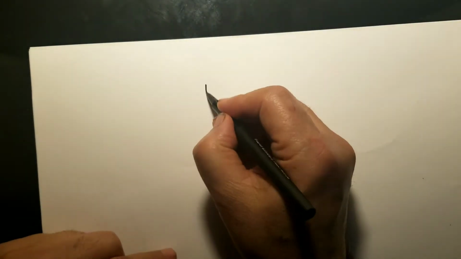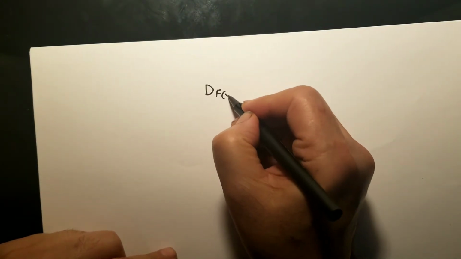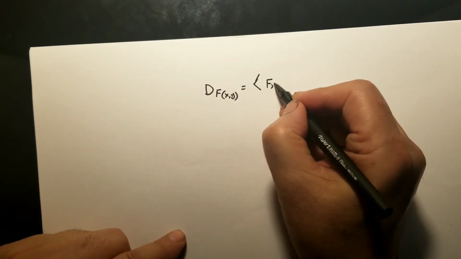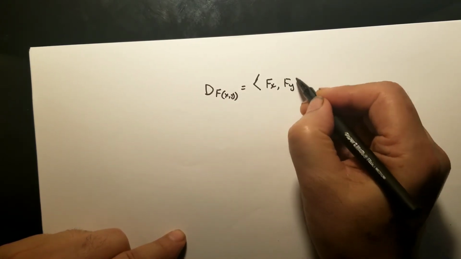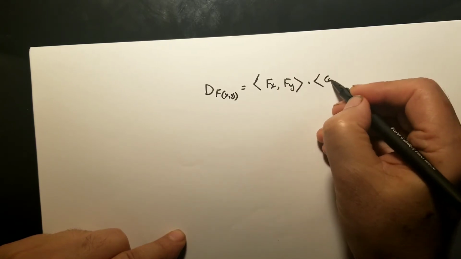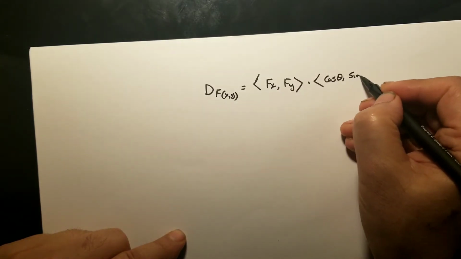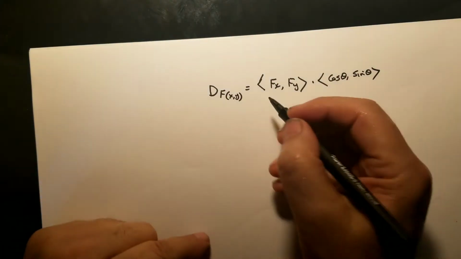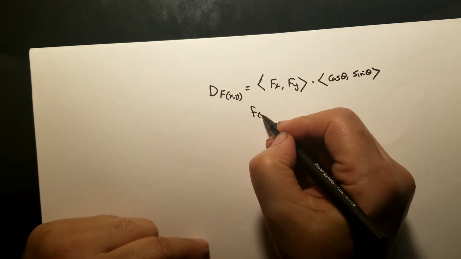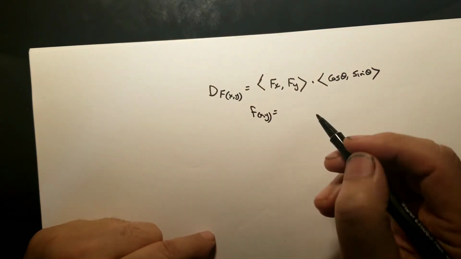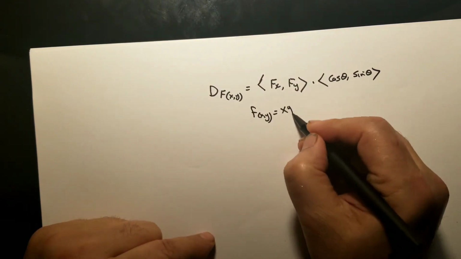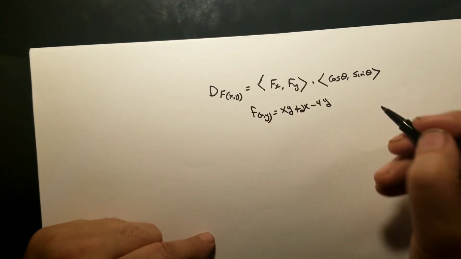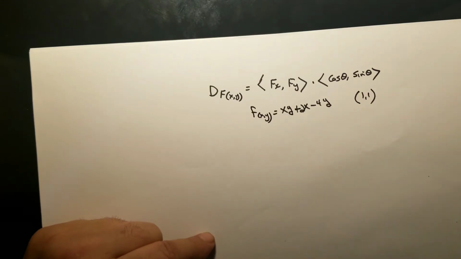We said if you take your directional derivative and you break it down as the product of two vectors, the partial derivative with respect to x and partial derivative with respect to y, dotted with cosine theta and sine theta, and we had a function f of x and y a few seconds ago of xy plus 2x minus 4y at the point 1 and 1.